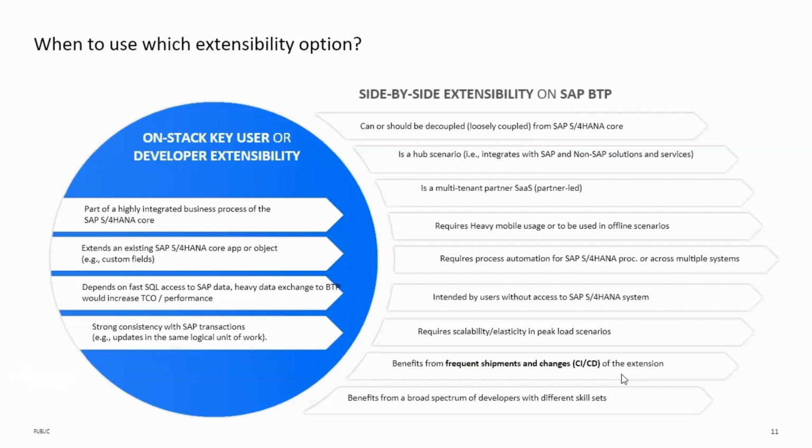So if you are looking at a front end that happens to be a non-SAP interface, which customers or end users are going to use, then we can pick SAP BTP as the choice. It benefits from frequent shipments and changes of the extension, and from a broad spectrum of developers with different skill sets.